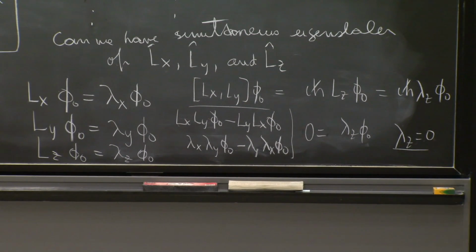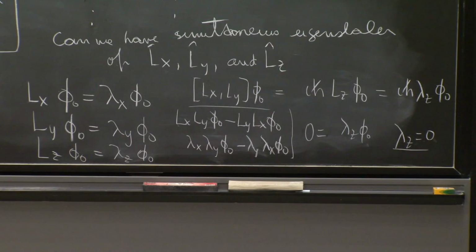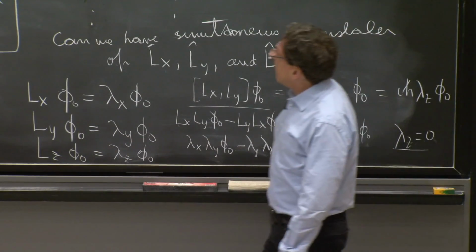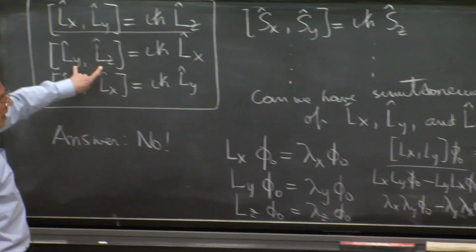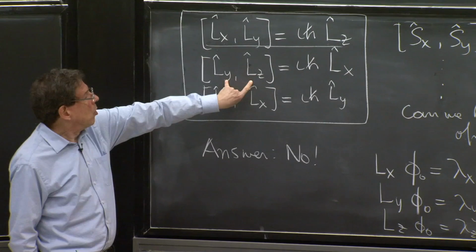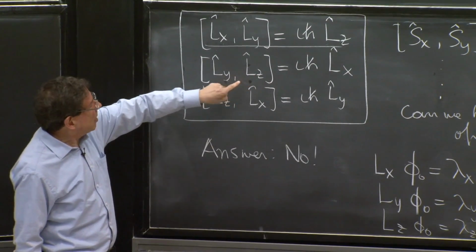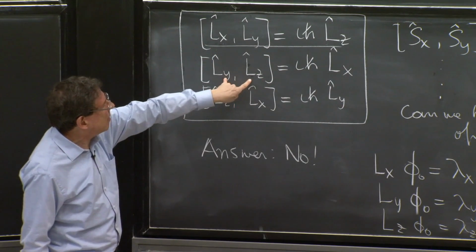If you have a non-trivial state, lambda z should be 0. By the other commutators, this commutator applied to phi naught would be 0 again, because each term produces a number and the order doesn't matter.